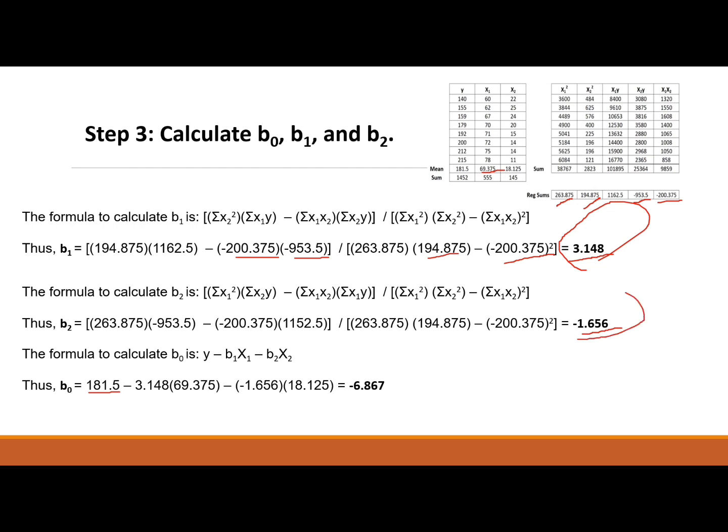Our B2 is negative 1.656 multiplied by our x2. Our x2's mean is 18.125. Then we get our total of B0 of negative 6.867. Later on, we will interpret B0, B1, and B2.